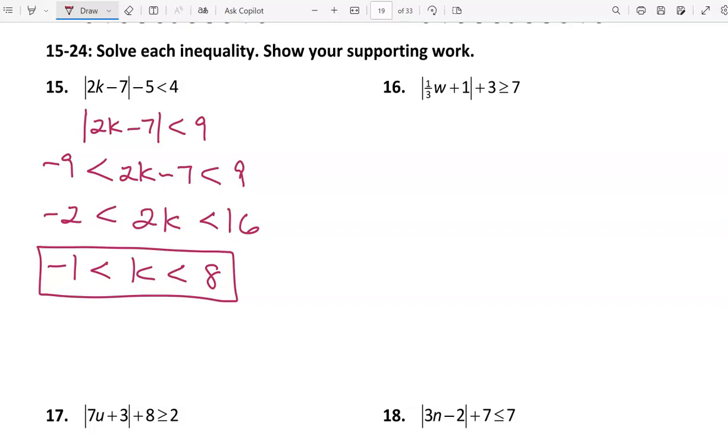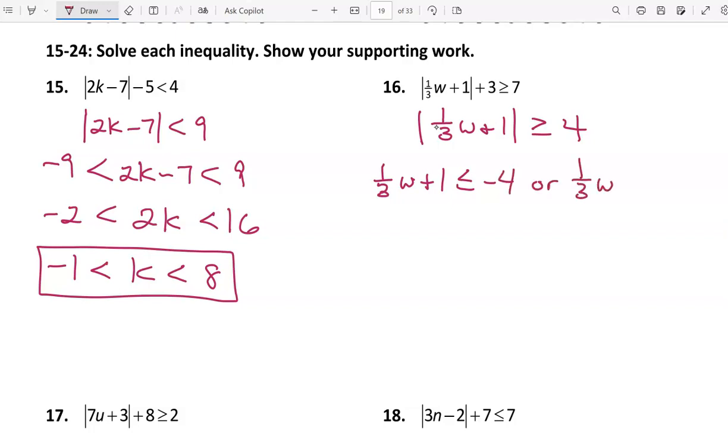For number 16, we've got to isolate the absolute value first by subtracting 3. Now we want absolute values or distances that are more than 4. Where do we find numbers on the number line whose distance away from 0 is more than 4? We find them on the left side of the number line, to the left of -4, or we can find them on the right side of the number line, so that those numbers are greater than or equal to 4.